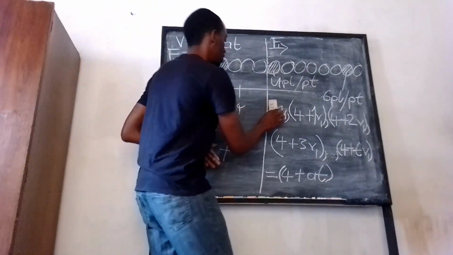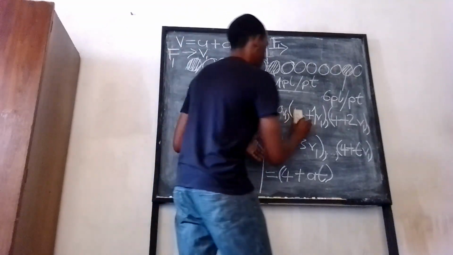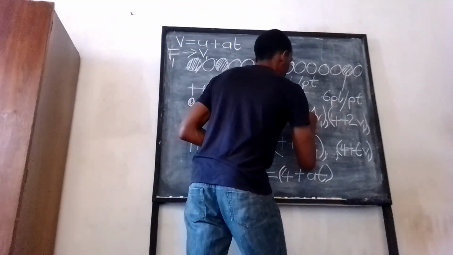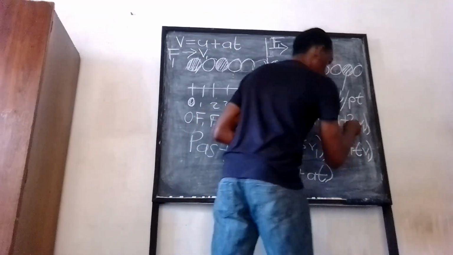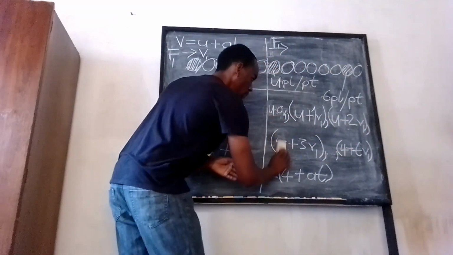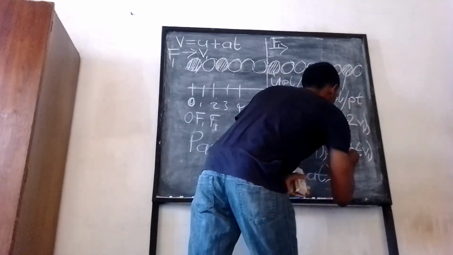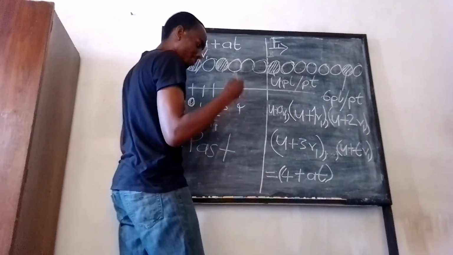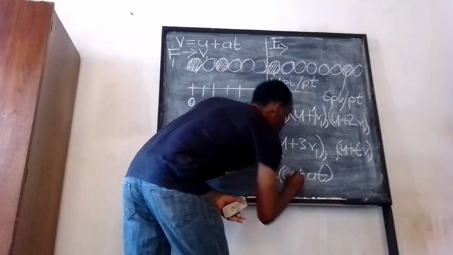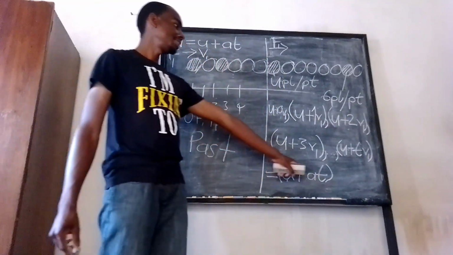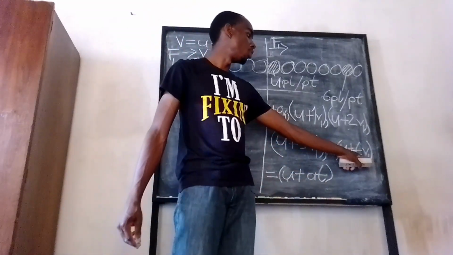So we'd have u plus 0V1, u plus 1V1, u plus 2V1, u plus 3V1, u plus tV1, and in the end what we have is u plus at, a being the replacement of V1.